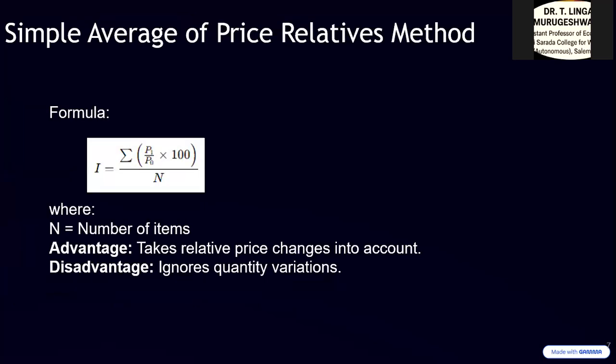Next is simple average of price relatives. So we take each item's price change and find the average. Formula for calculating simple average of price relatives is summation of P1 divided by P0 into 100, whole divided by capital N, where N is number of items.